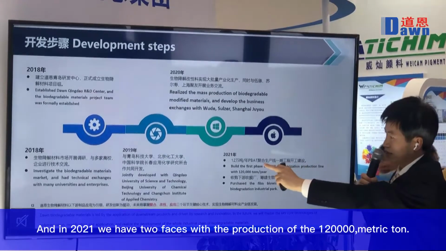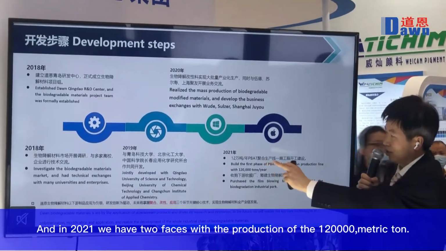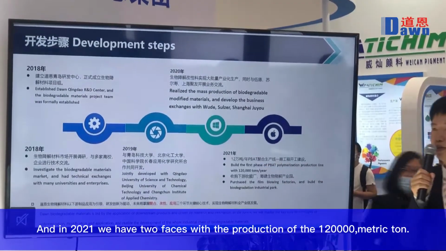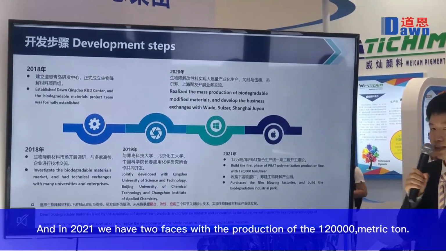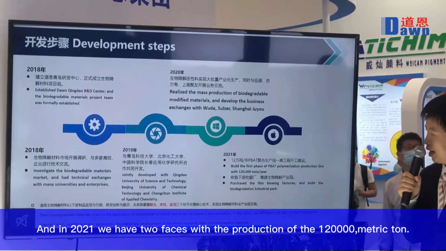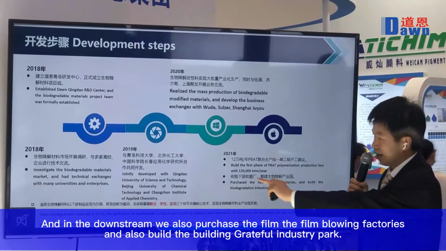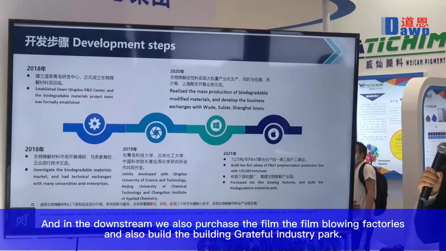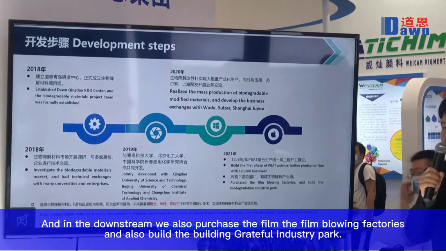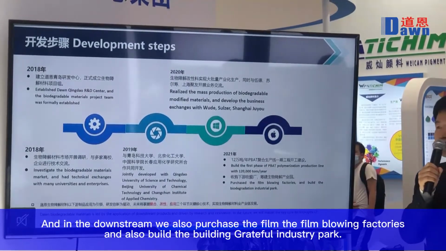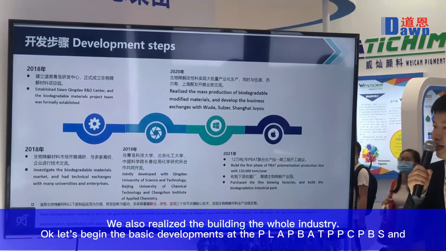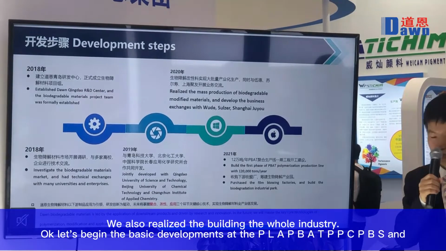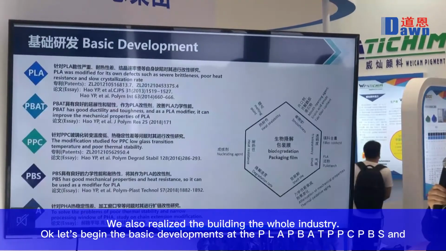In 2021, we had two phases with a production of 120,000 metric tons. In the downstream, we also purchased film blowing factories and built the biodegradable industry park. We also realized building the whole industry chain.